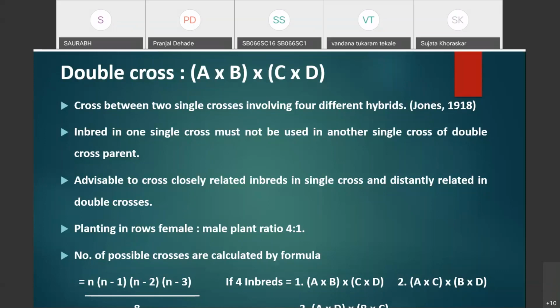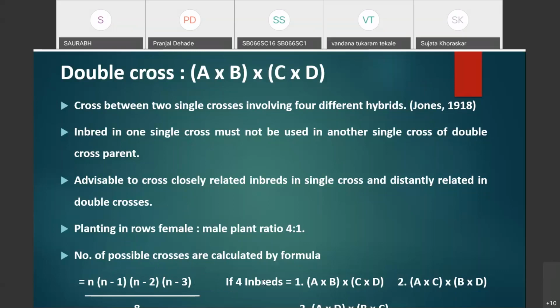The number of possible crosses is calculated using the formula n into (n minus 1) into (n minus 2) into (n minus 3) divided by 8. For example, if the 4 inbreds A, B, C, D are involved, replacing n by 4 gives 3 possible crosses.